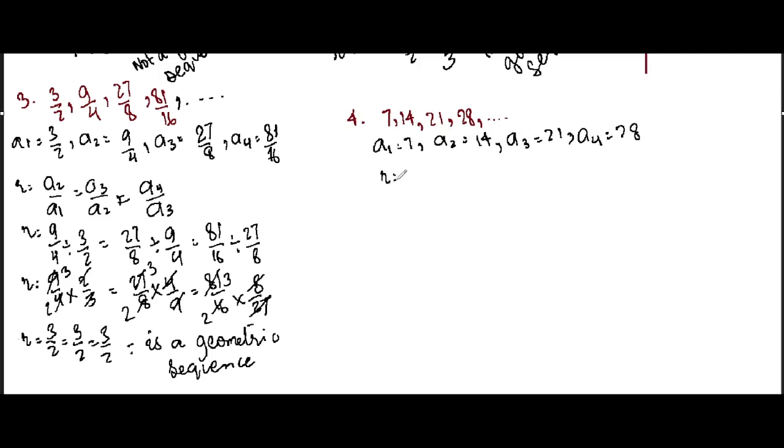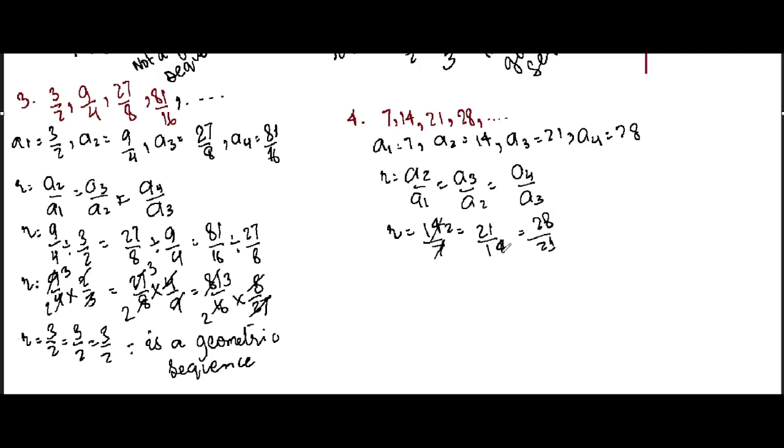And r is equal to a2/a1 is equal to a3/a2 is equal to a4/a3. Now r is equal to a2/a1 is 14/7 is equal to 21/14 is equal to 28/21.